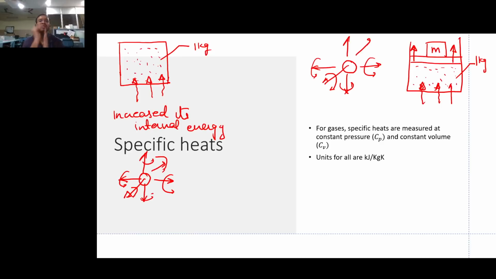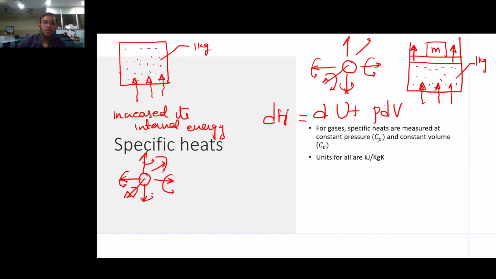So you increased the internal energy, but at the same time you did some amount of work, where you pushed this mass up by a little. And if you remember, you have the change in internal energy plus PdV work. And what is this? This is nothing but the change in enthalpy.